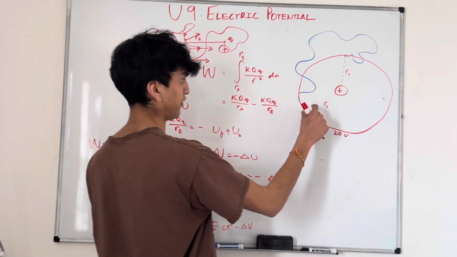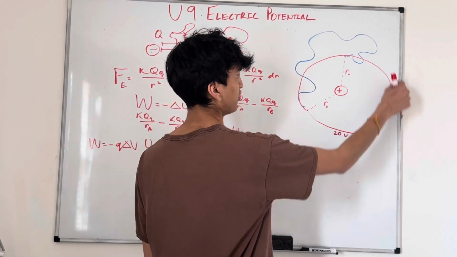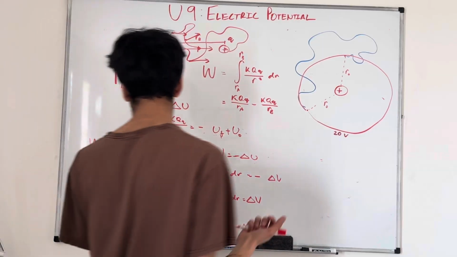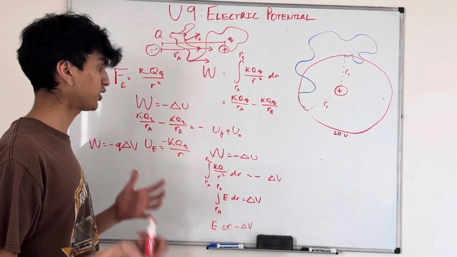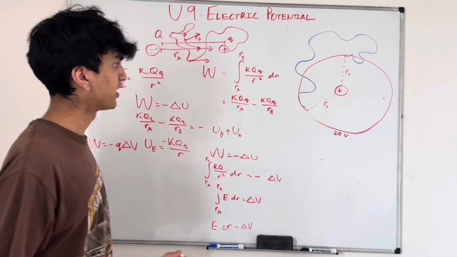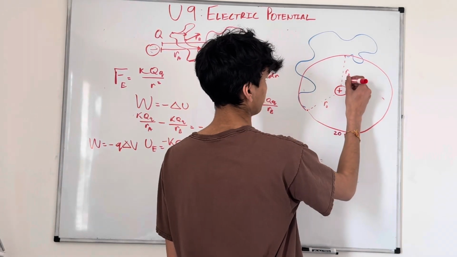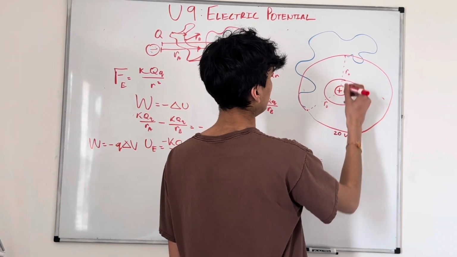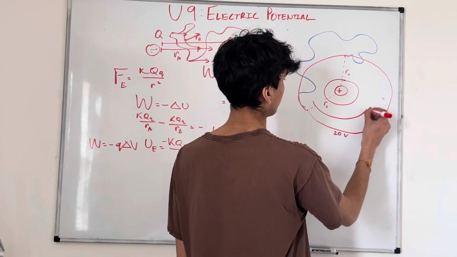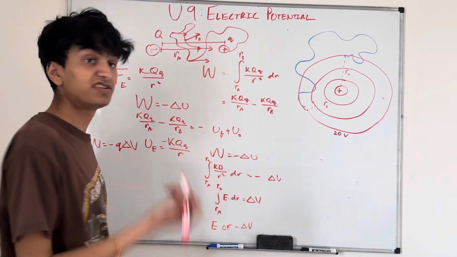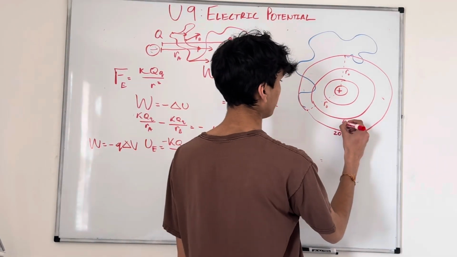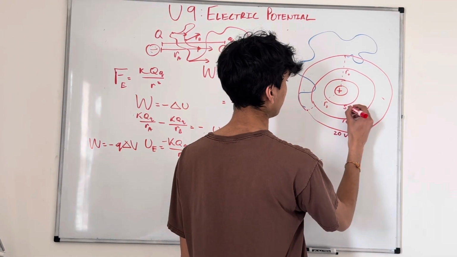So no matter if I took a charge and moved it anywhere along this circle, the work being done by that force would be zero, right? So there would be a bunch of circles, each at the same potential. Each line just indicates that everywhere along that line, the potential is the same. So maybe this is 10 volts, maybe this is 5 volts.